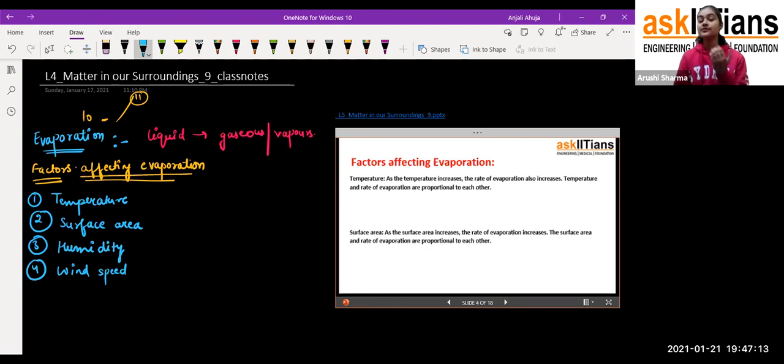The first pan has not been heated as much as the second one. That means for the second one I have increased the temperature, and I find that most of the water has been converted into vapor form. That means by increasing the temperature, the evaporation is obviously going to increase.